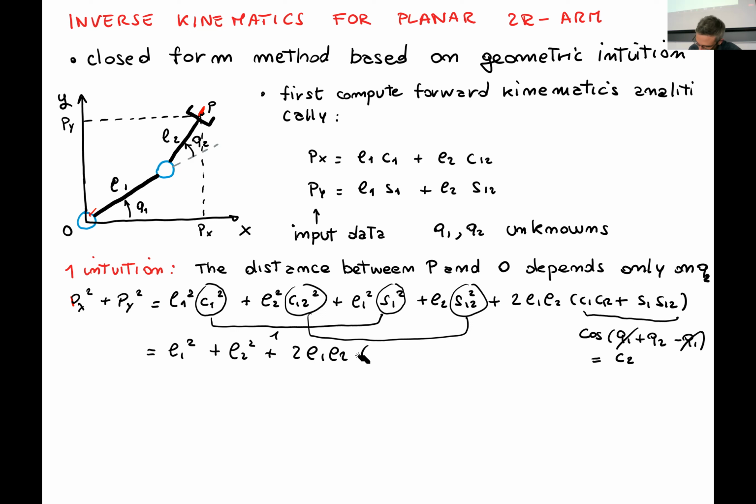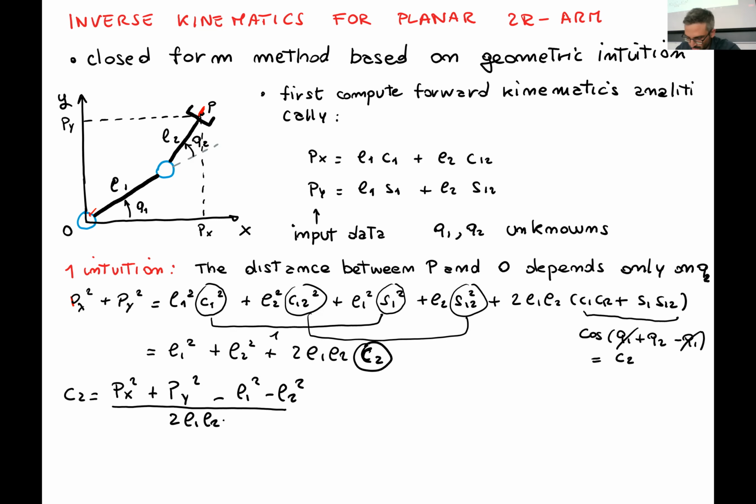So in essence, we have cosine of Q2. We want to express this, and we put the other terms on the left and divide by 2 L1 L2. Again, remember, we try to resist the temptation to do the arc cosine. So we compute the sine by doing the square root of 1 minus cosine of Q2 squared.